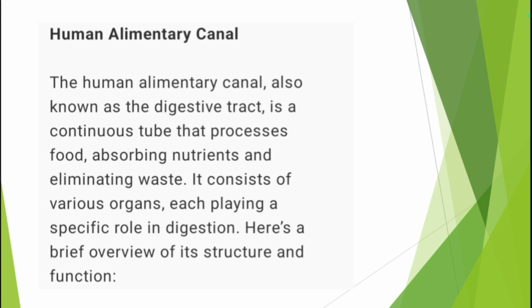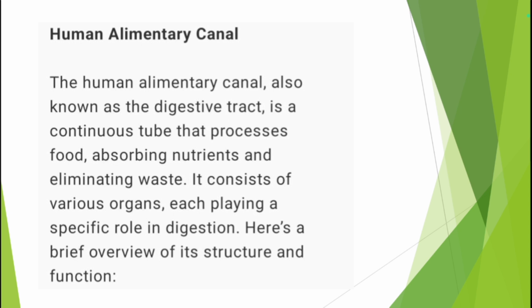In this canal, many organs help in the digestion, absorption, assimilation, of the food which we are taking through ingestion. Okay, it is also known as the digestive tract. Then they also help in eliminating the waste, meaning excretion also occurs in the alimentary canal. So the alimentary canal totally performs the process of nutrition.